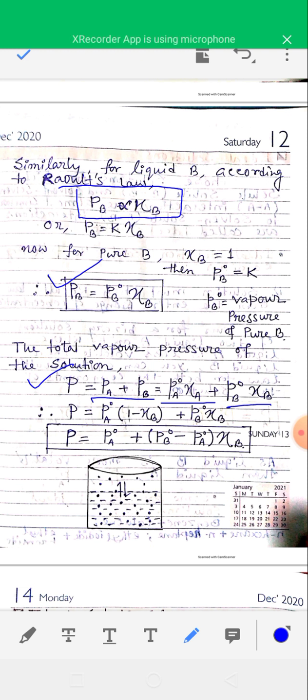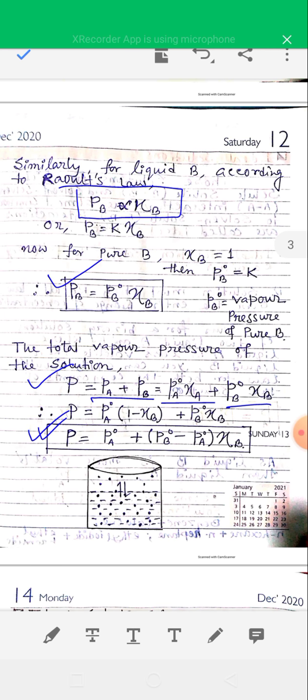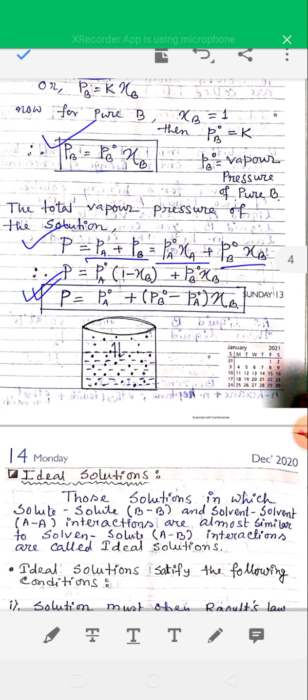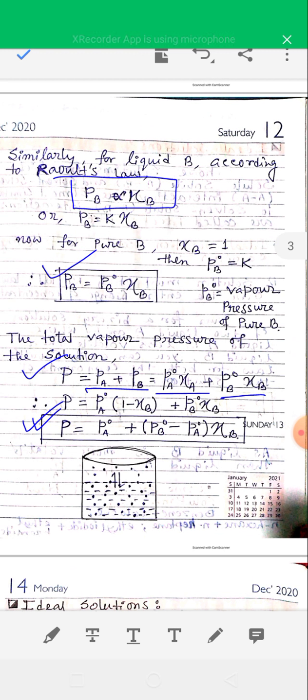Okay, so after generalization you can get this relation: P, the total vapor pressure of the solution, is equal to Pa naught, that is the vapor pressure of A in the pure state, plus (Pb naught minus Pa naught) into Xb. So using Raoult's law for different liquid components in a solution, you can calculate the total vapor pressure of the solution.